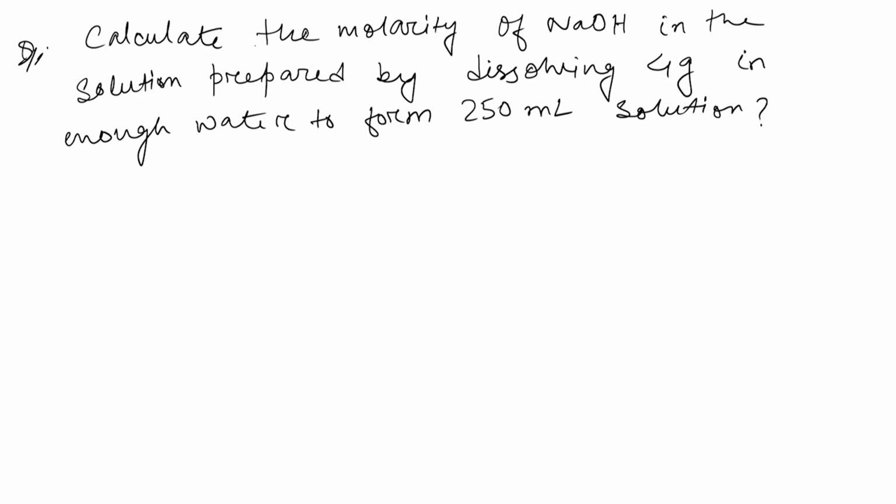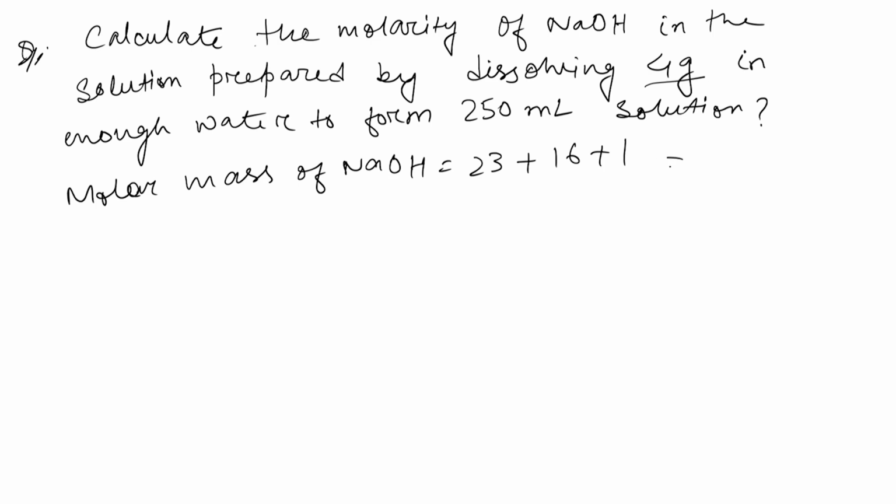So, we are dissolving 4 grams of sodium hydroxide. The molar mass of sodium hydroxide is equal to 23 plus 16 plus 1, that is 40.